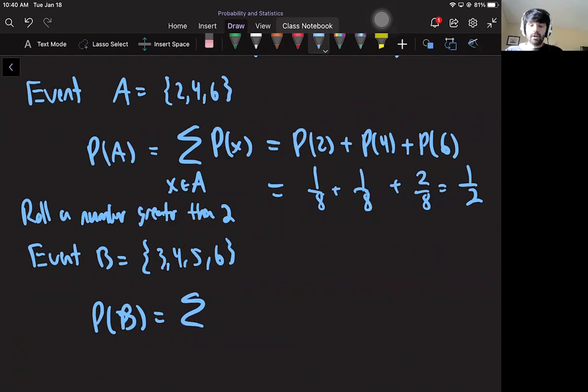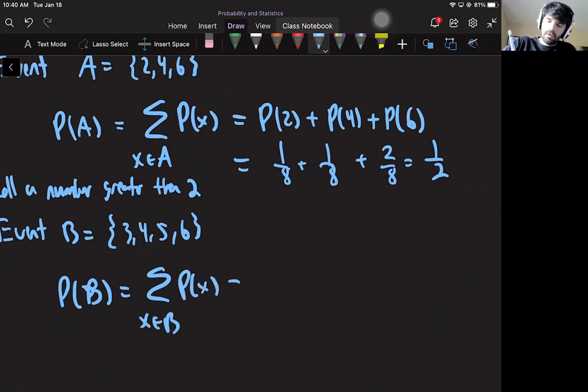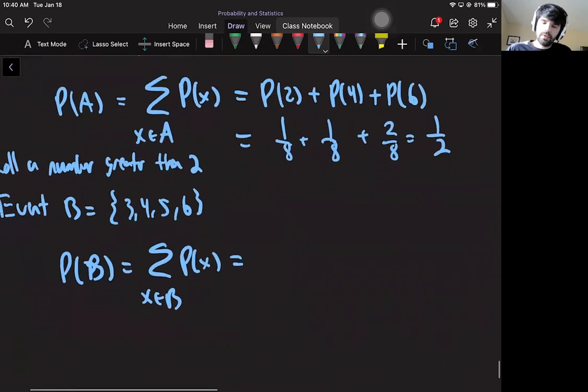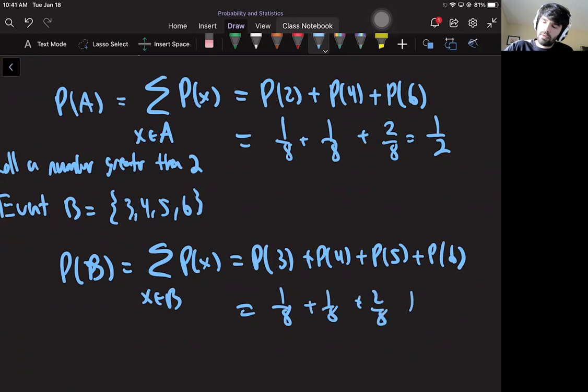We're just defining the probability function by the sum of the individual probabilities of each outcome. But I'm just going to keep writing the notation so you get familiar with it, but you can really skip this middle notation part that I'm writing. So this is probability of rolling a 3, a 4, or 5, or a 6 added together. And it's going to be 1/8 plus 1/8 plus 2/8 plus 2/8 for this weird dice. And so we get 6/8.